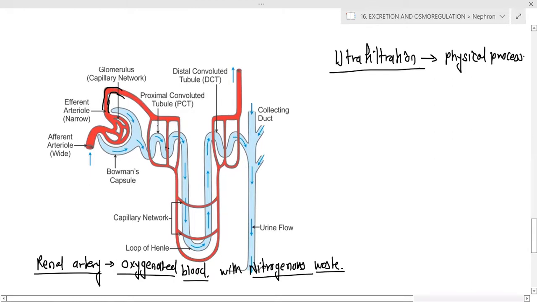All of them together are called peritubular capillaries. They surround here and are now called peritubular capillaries. So whatever little remains goes and surrounds the renal tubule.